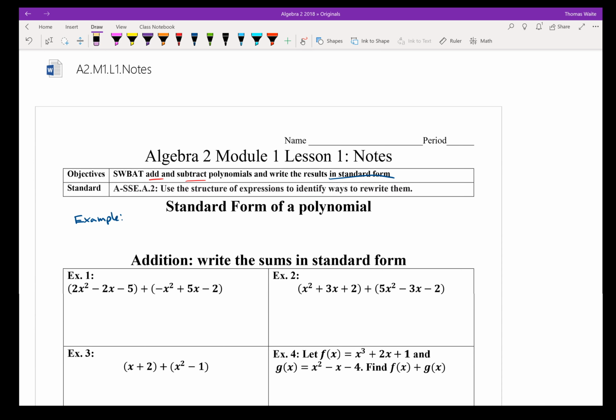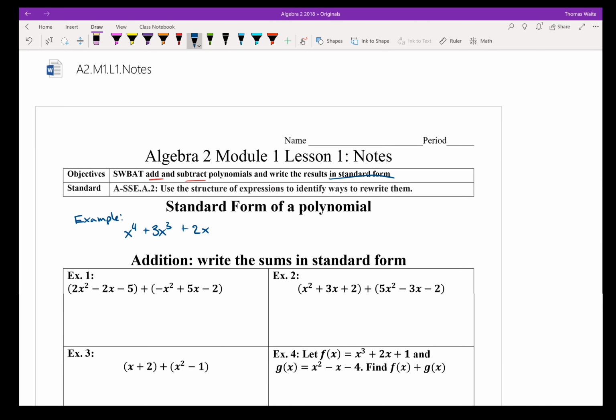It would be x to the fourth plus 3x to the third plus 2x squared minus 10x plus 5. So I just made that one up.